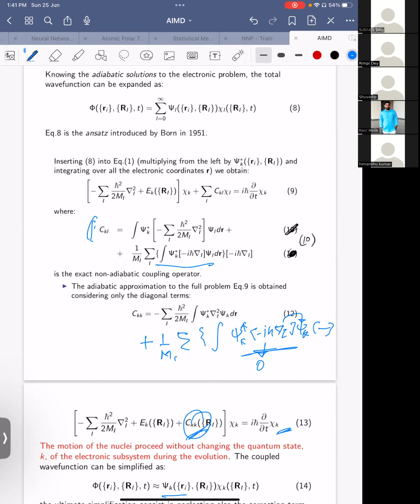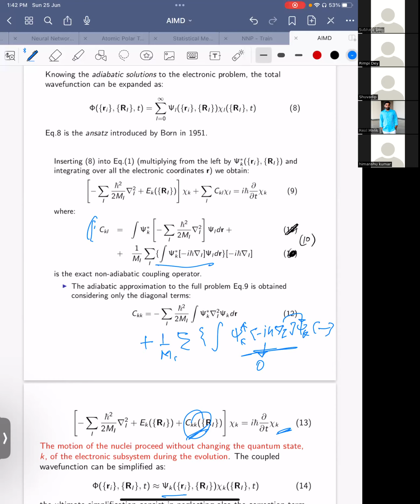Energy operator means the kinetic Laplacian, del squared? No, the energy operator means H psi, the Hamiltonian, the sum of both. If it is del squared, then we also get an eigenvalue.